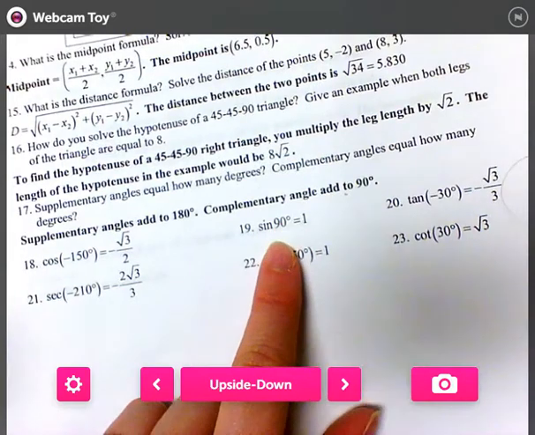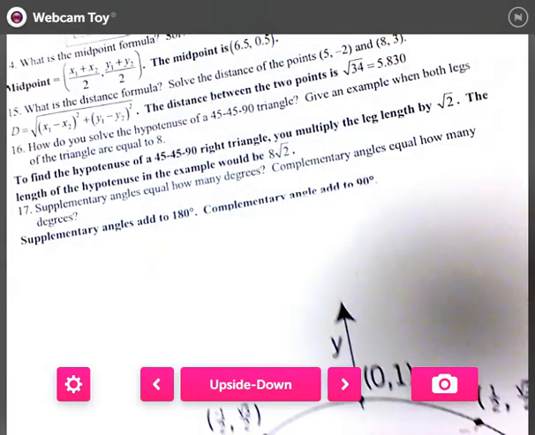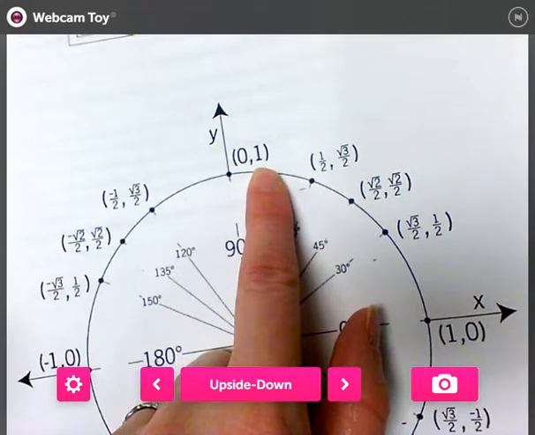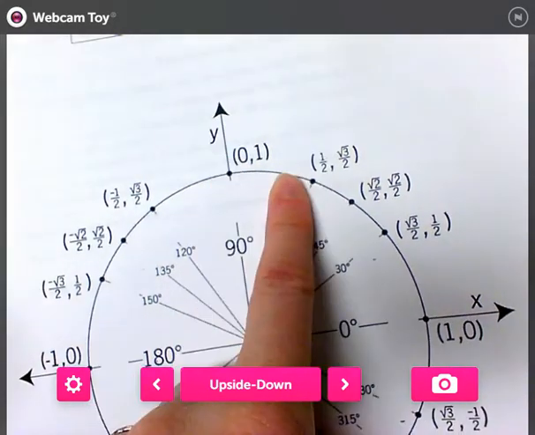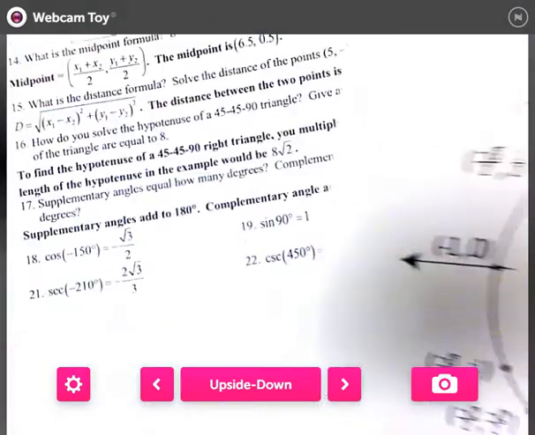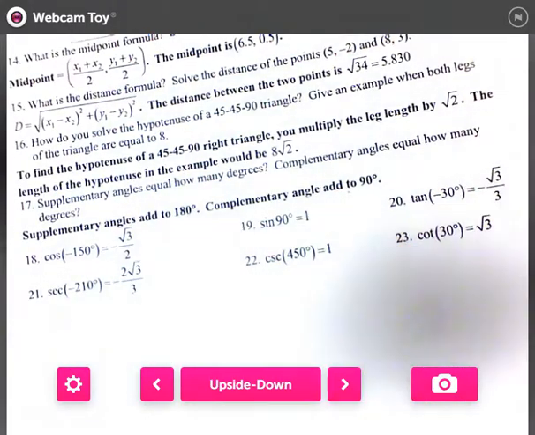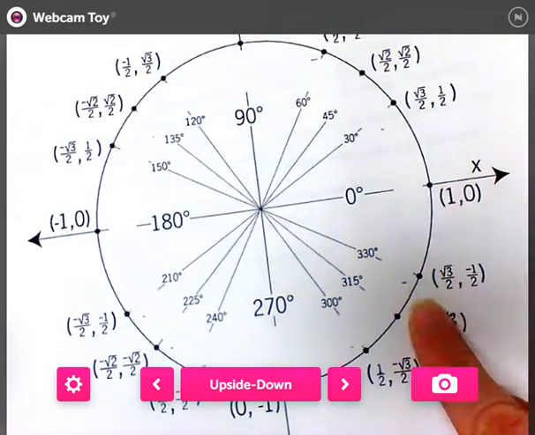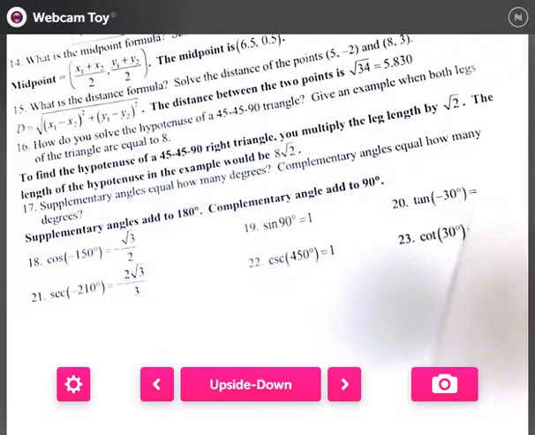19 through 21. 19. Sine is 1. Remember, sine is the y value. So the y value at 90 is 1. That's how I got that. 20, negative 30. So negative 30 is actually 330 because we go negative. And we want the tangent of it.